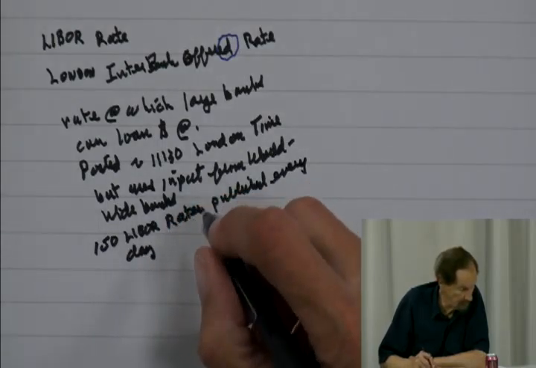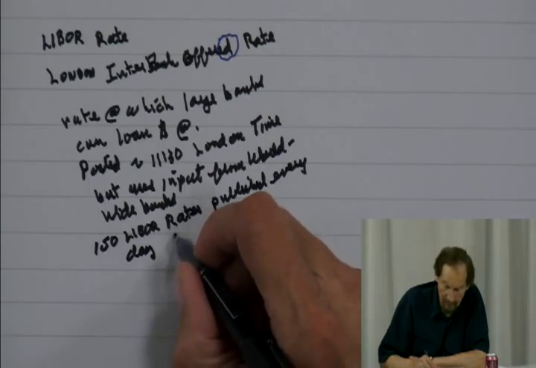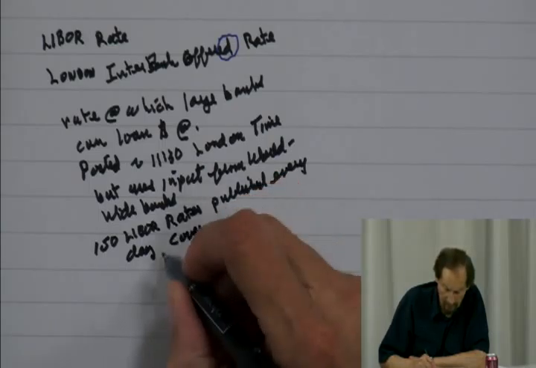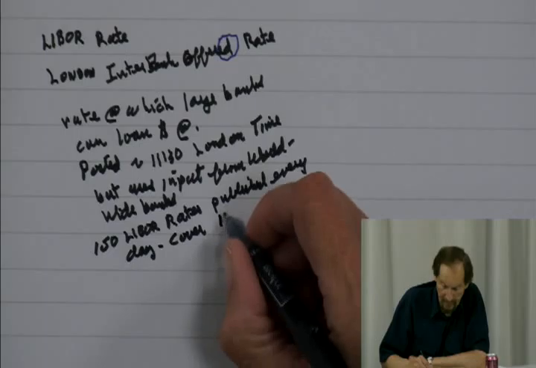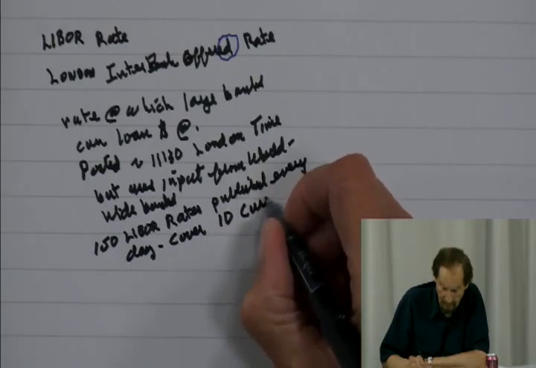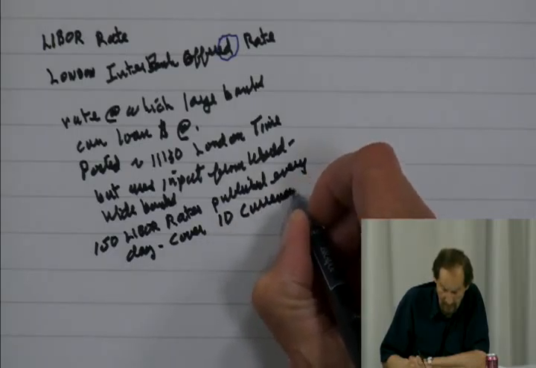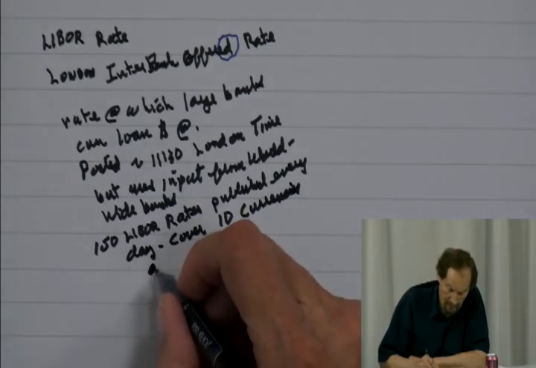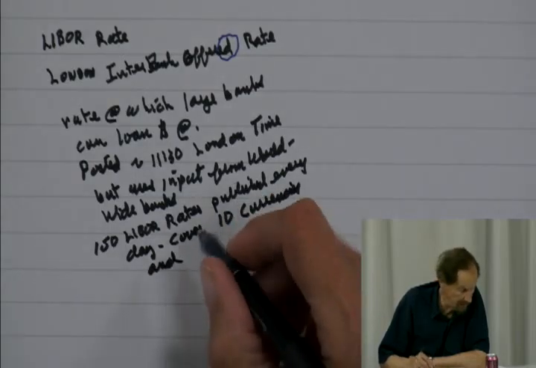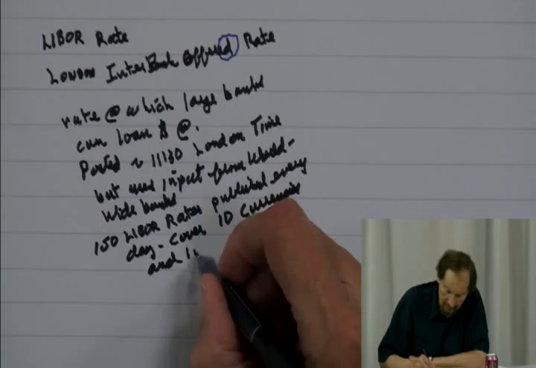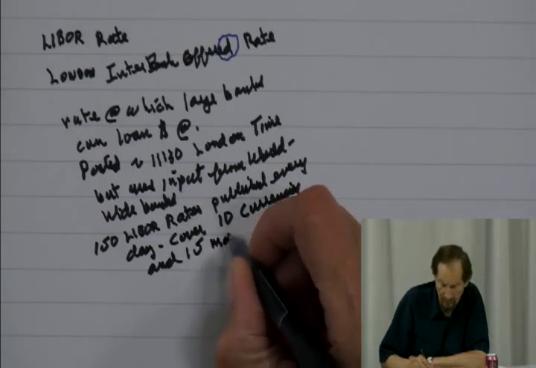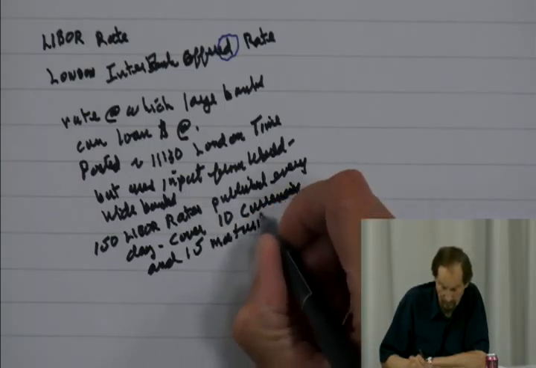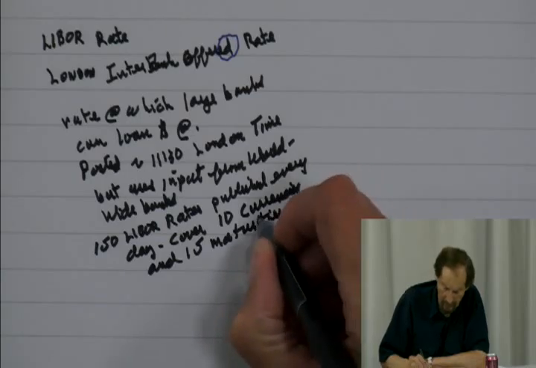And they cover 10 currencies, so they're not just in British pounds, and 15 maturities.